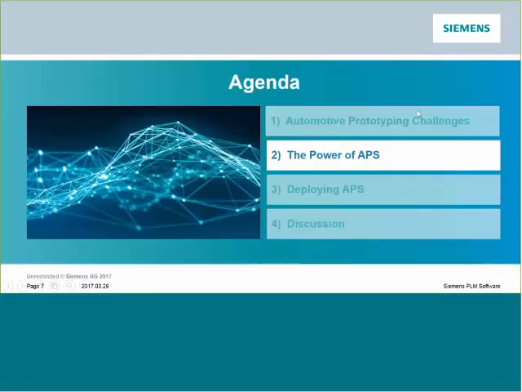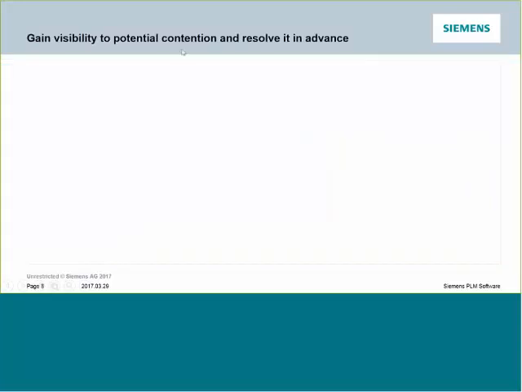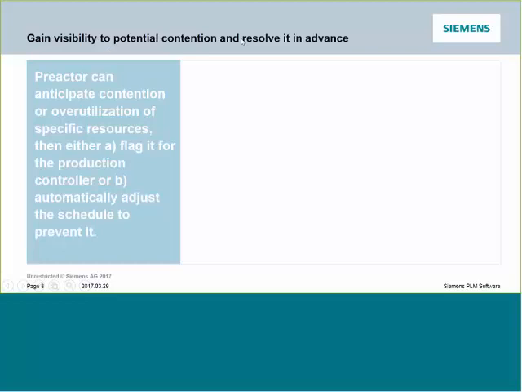And what I'd like to do now is to talk about the power of APS to address some of the challenges that are inherent in managing a prototyping shop. One great thing that an advanced planning and scheduling system can do is to help production controllers gain visibility to potential contention and to resolve it in advance.